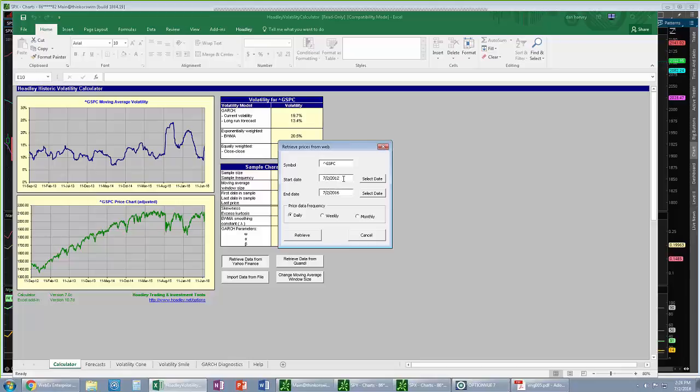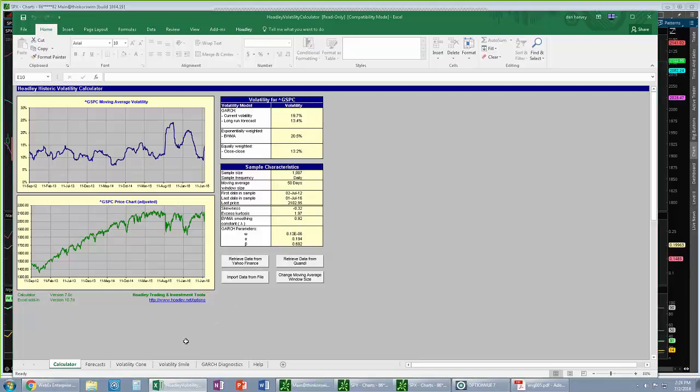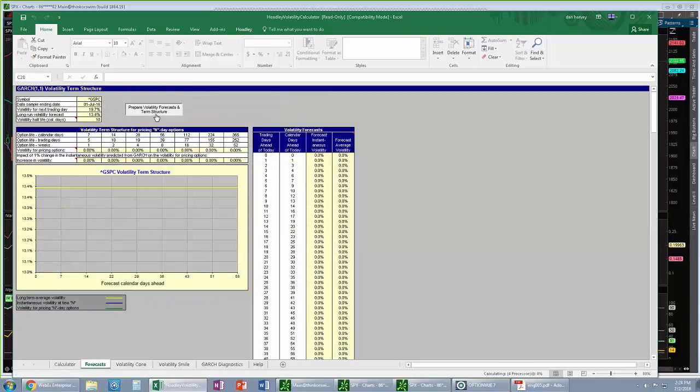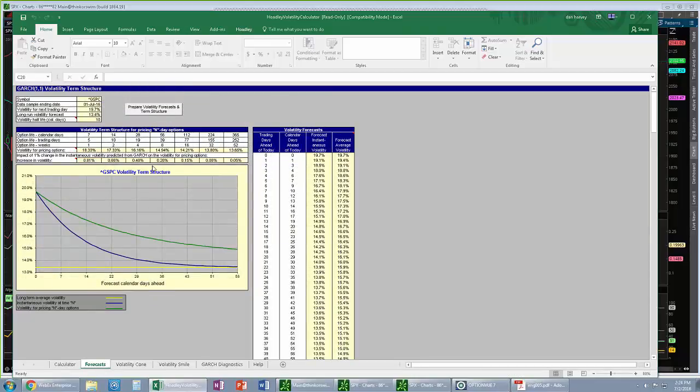This may be hard to read, but 2012 to 2016, and you bring that in, and then you can get the forecast, and there it is. And I know this is going to be hard to read, but we're looking for the September trade, which we will be exiting in about 60 days from the time we get it on.